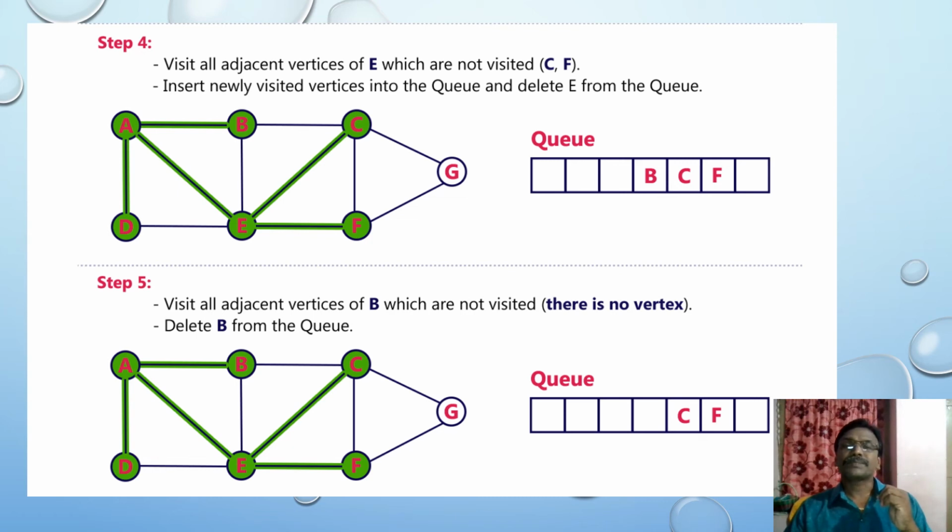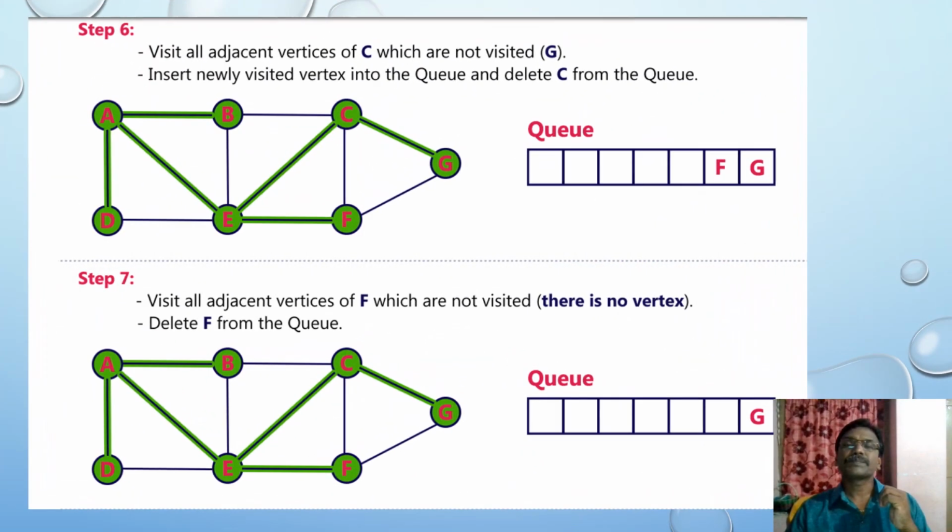Then check the next vertex, that is B, then C. C's adjacent vertices are F and G. In that, G is inserted into the queue, and the present vertex is deleted from the queue. So C is deleted and G is inserted.